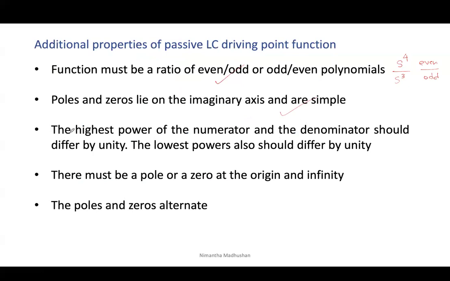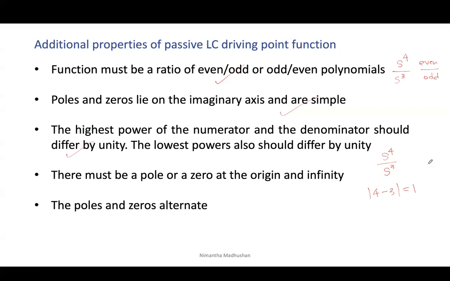And the third property says the highest power of the numerator and the denominator should differ by unity. The highest power of the numerator is s to the power 4 and the highest power of the denominator is s to the power 3. The difference is 4 minus 3 is equal to 1. Then it is okay.